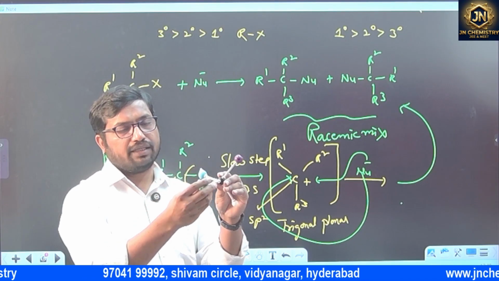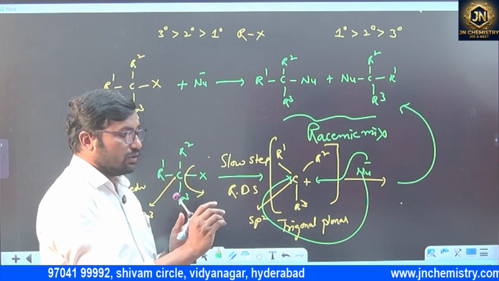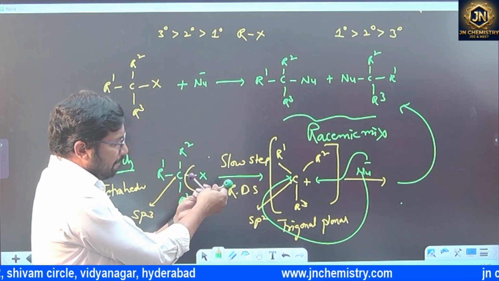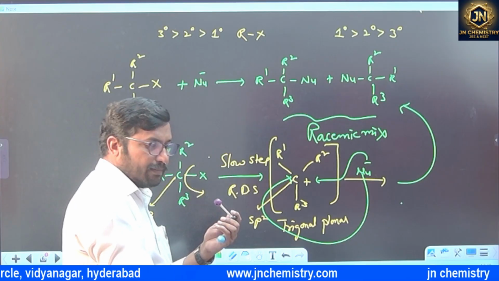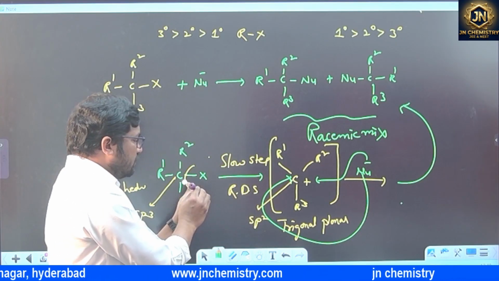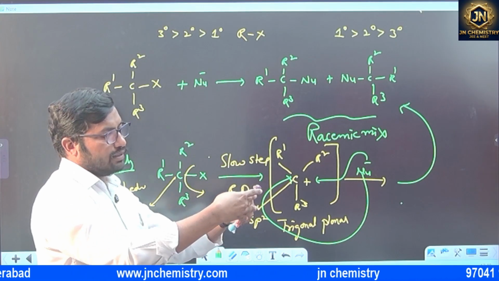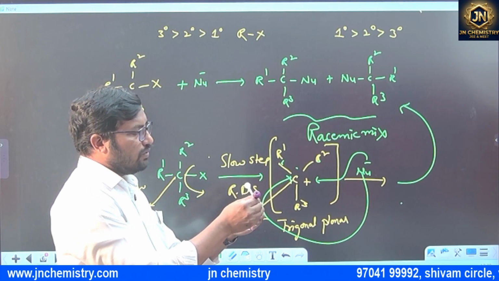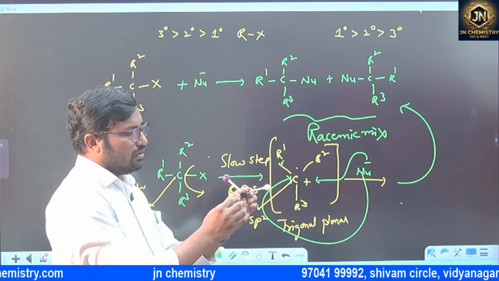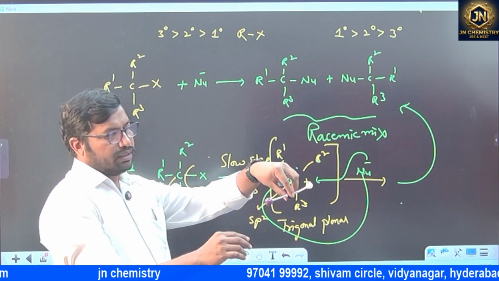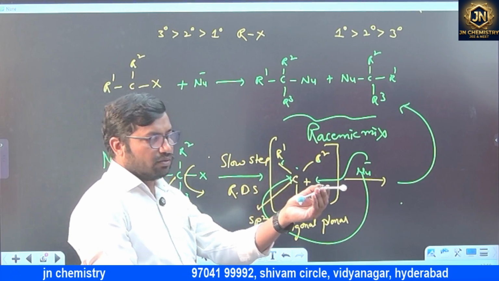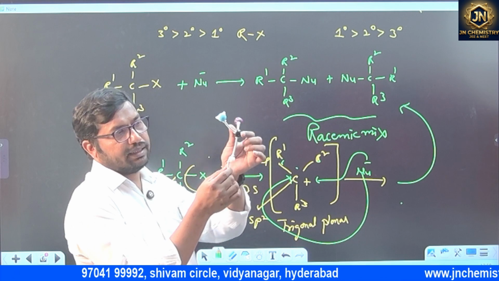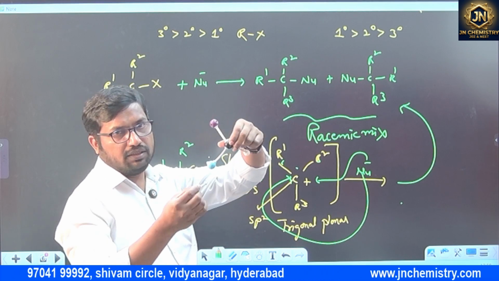Imagine the green one is the nucleus, and the halogen is going out. So this becomes trigonal planar. Either way, the nucleophile can come from front side or back side, 50-50 chances.